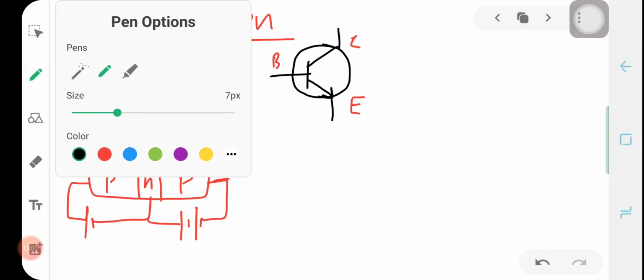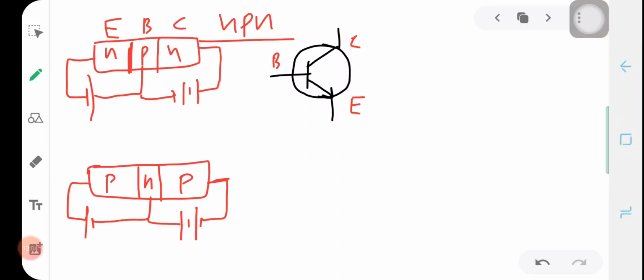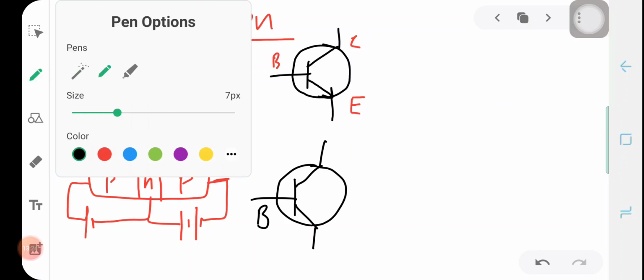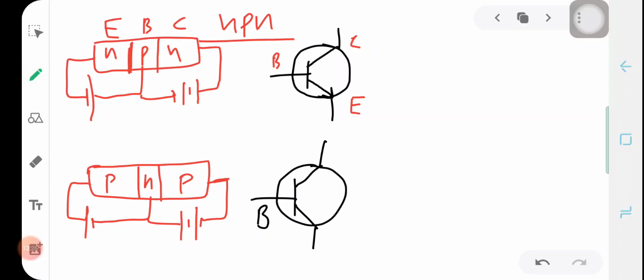Now if you consider the symbol for PNP, again the transistor symbol is a circle with three terminals. The center one will be the base, another one is the collector, and another one is the emitter. To distinguish emitter and collector, we should have an arrow mark on the emitter.